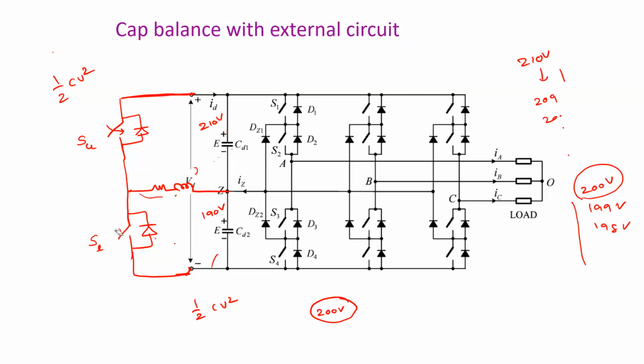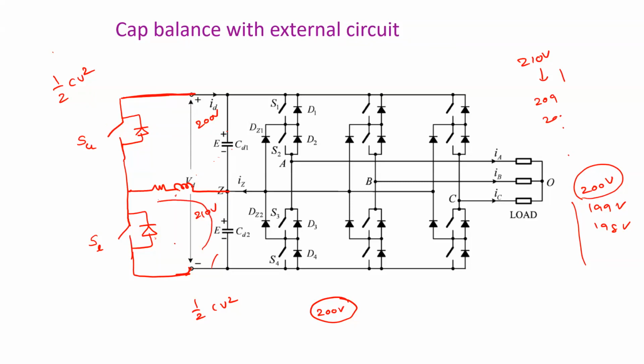Similarly, if this capacitor voltage is 210 volts and this is 200 volts, this is the excess capacitor.